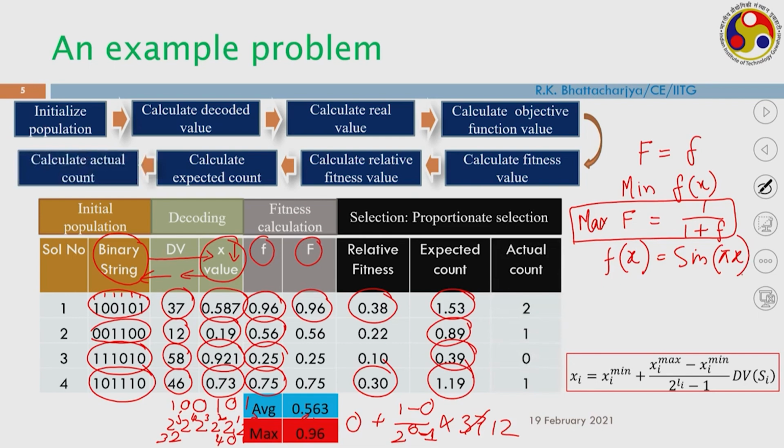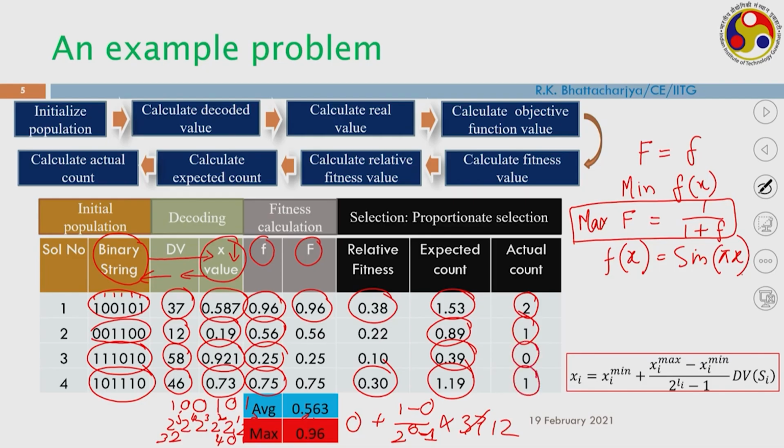The actual count, as I said, this is the expected count, but you have to have an integer value. So, for 1.53, I just round this to the higher one, so the actual count will be 2, then here it is 1, here it is 0, and then 1.